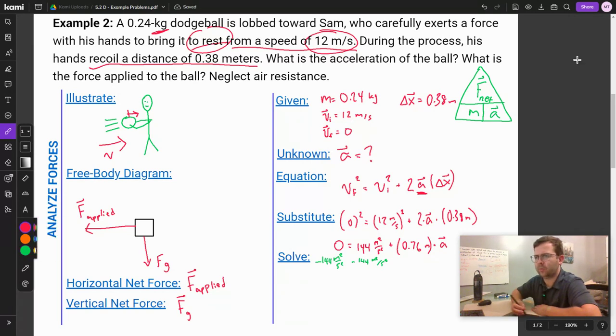Okay, and that gives me negative 144 meters squared per second squared, and that's equal to 0.76 meters times the acceleration. Now I need to undo the multiplication to solve for the acceleration, so I'm going to divide both sides by 0.76 meters.